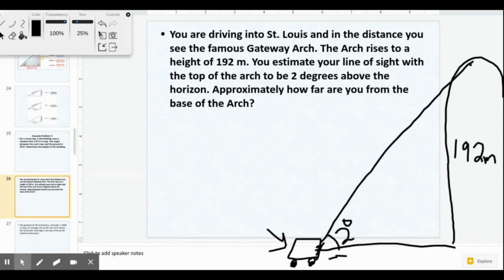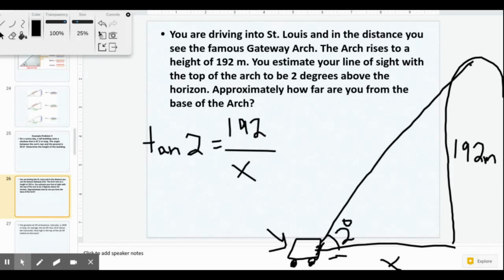So if we look at this, we are looking for the distance at the bottom, how far away, and we have opposite 192 from our 2-degree angle. So again, we're going to be working with tangent. So tangent of 2 is going to be opposite, which is 192, over adjacent, which is x.